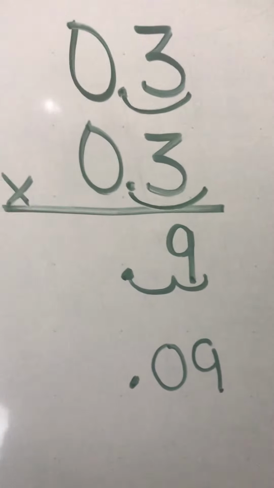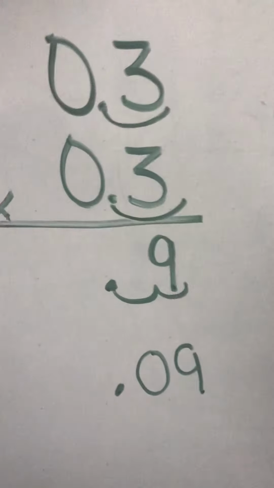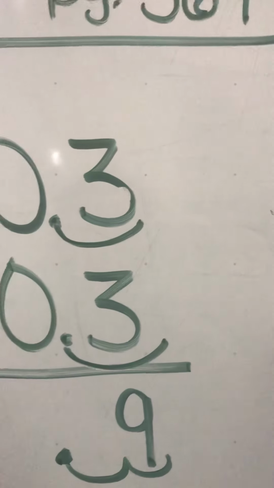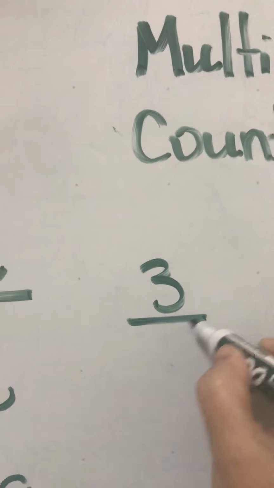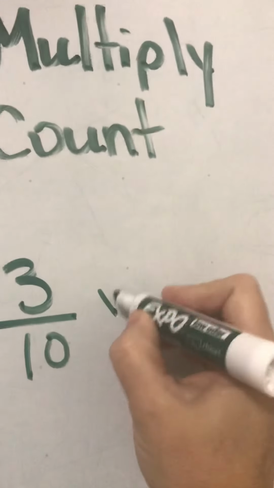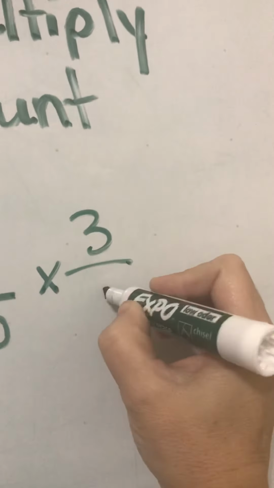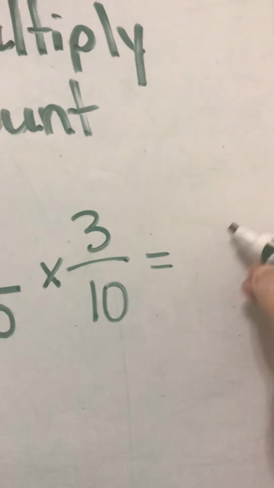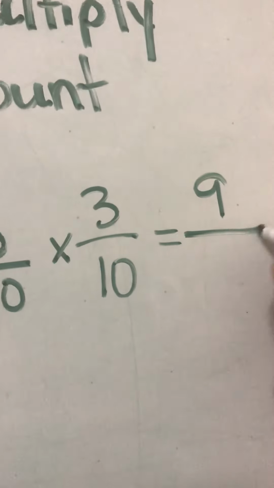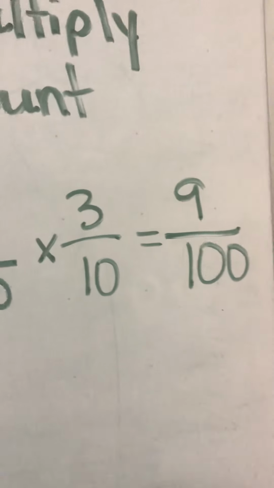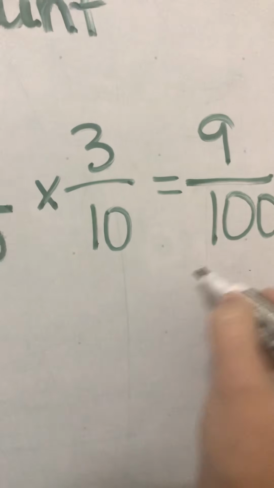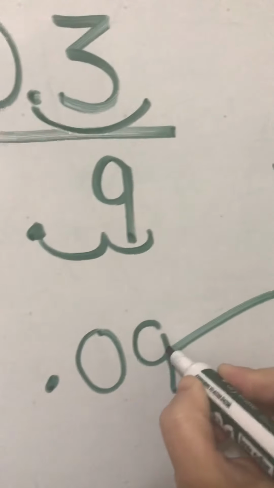Another way to think about this is if I were to think of 3/10 and how I would write that as a fraction, well, I would write it 3 over 10. So if I'm writing 3 over 10 times 3 over 10, my answer is going to be 3 times 3 is 9, 10 times 10 is 100. Okay, and since 9 is over 100, if I wanted to write that as a decimal again, well then I have to go right back to this.